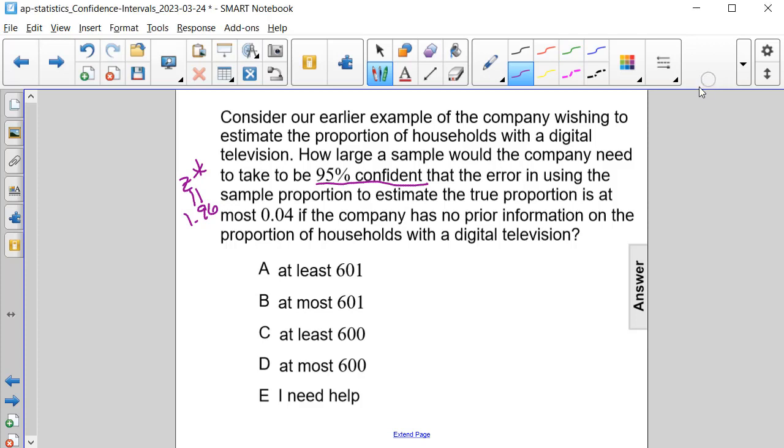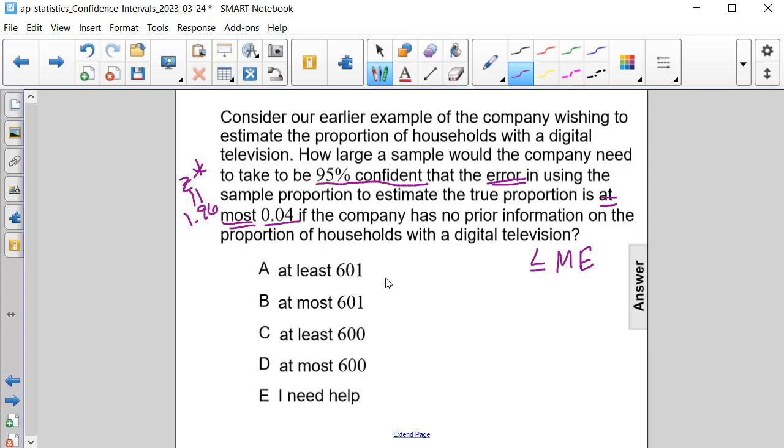The next key piece of information that we can find from the problem is that the error in using the sample proportion to estimate the true proportion is at most 4/100ths, or 4%. And at most means that we have less than or equal to, and the 4/100ths represents our margin of error.